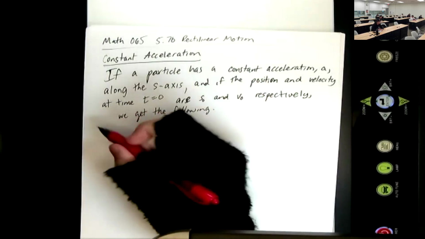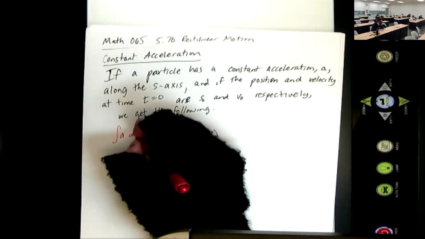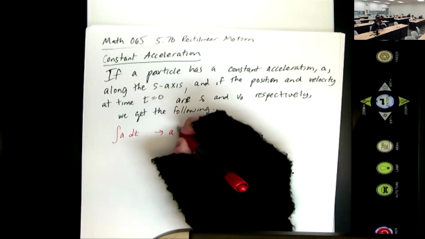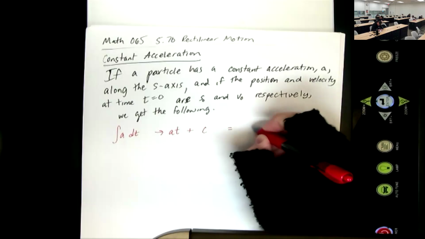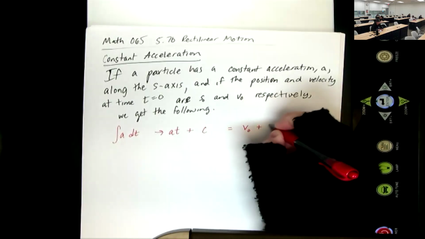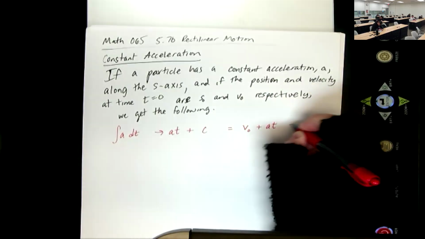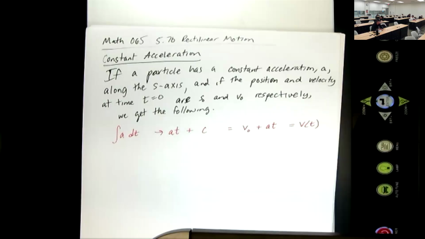If you integrate a dt, you get at plus a constant. But that constant is V naught. So that's our velocity function.